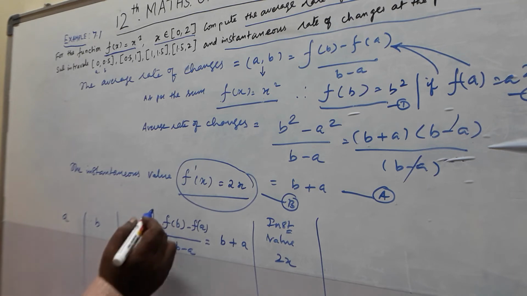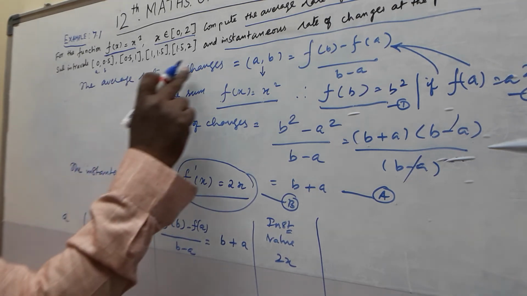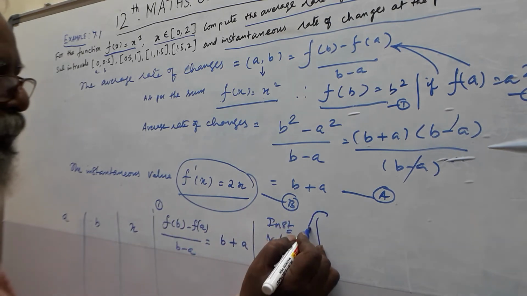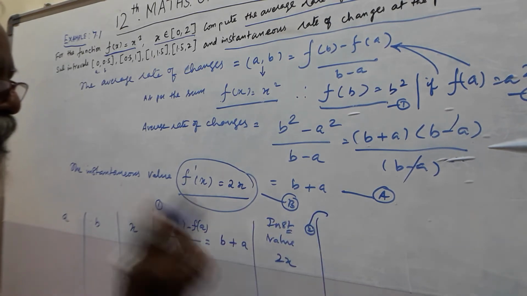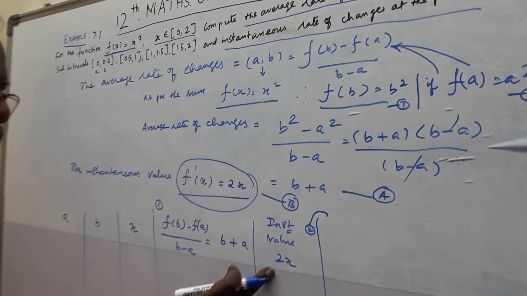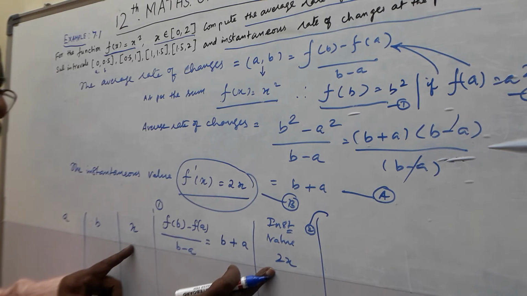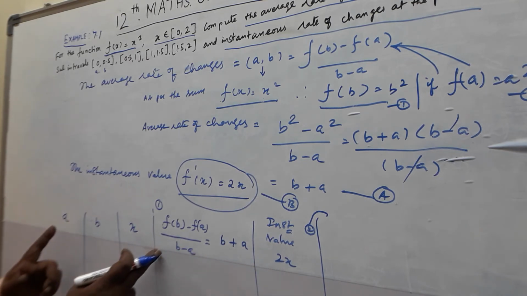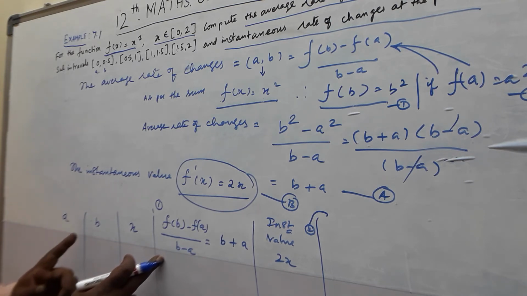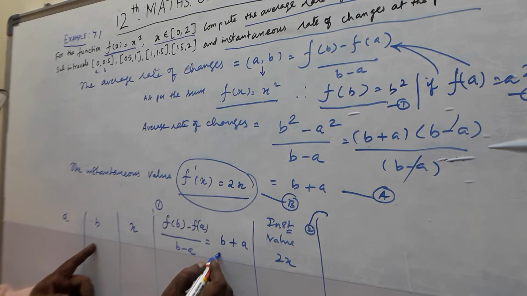The first is the average rate of change. The second one asked is the instantaneous value. When he asks for the instantaneous value, you have to substitute the value of x. Are you clear? If you need the average rate of change, you have to substitute the value of a comma b in the equation b plus a.